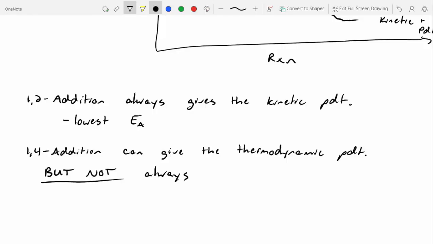So 1,2 addition always gives you the kinetic product. 1,4 addition can give you the thermodynamic product, but not always.